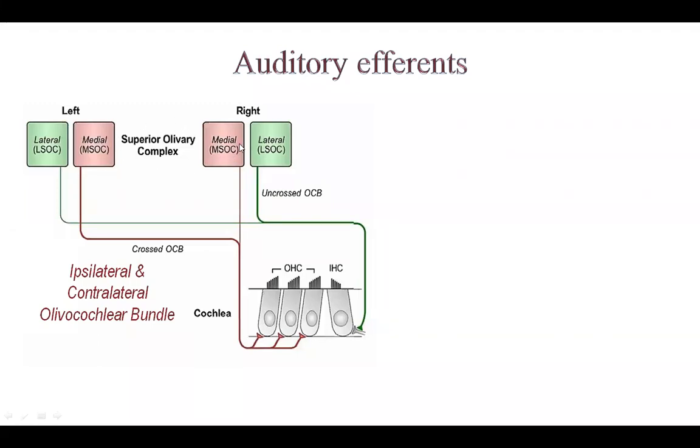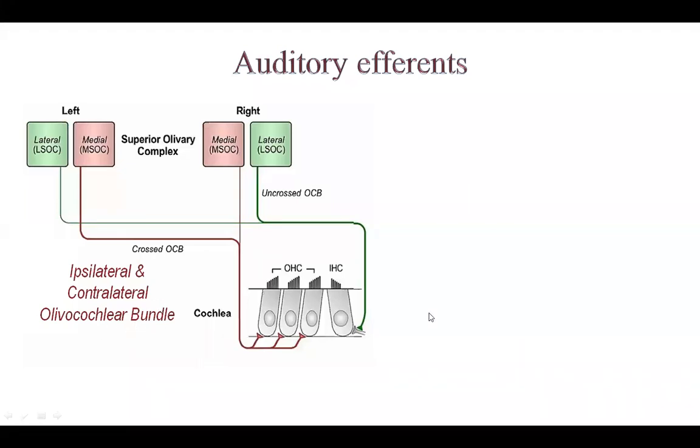This is a very important nucleus which is closely associated with the auditory pathway. Here you see there is crossing over occurring to reach the outer hair cells as well as the inner hair cells. So they constitute the ipsilateral and contralateral olivocochlear bundle.